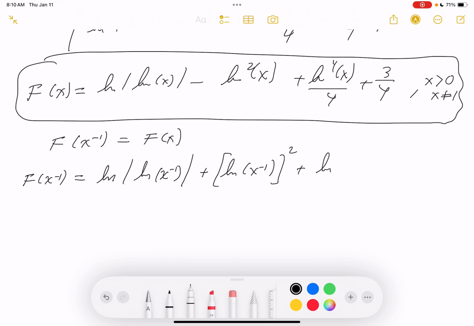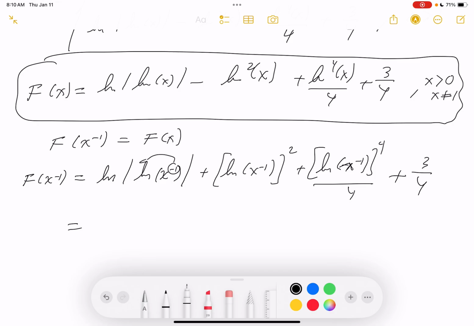Plus the natural log of x to the minus 1, but that's going to be the 4th power, over 4 plus 3/4. Well, what's nice about this, you can take the power down, that'll be a minus 1. The absolute value of minus 1 is 1, so this just turns out to be the natural log of the natural log of x.